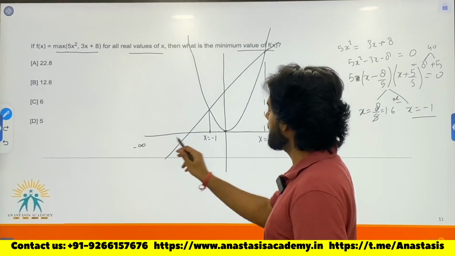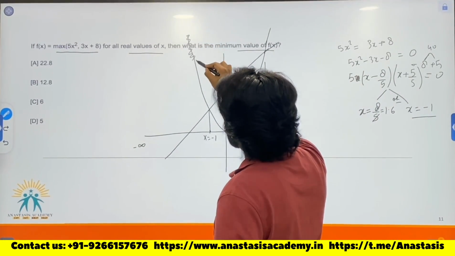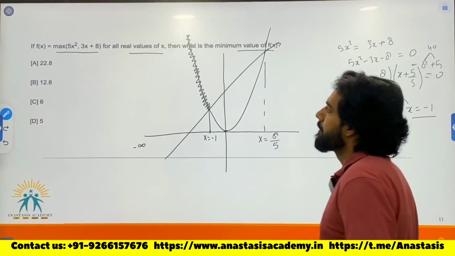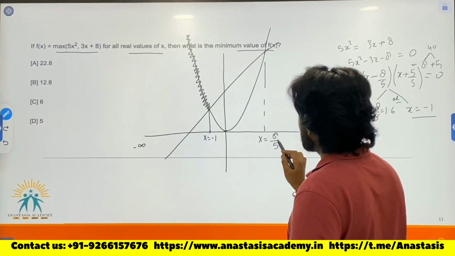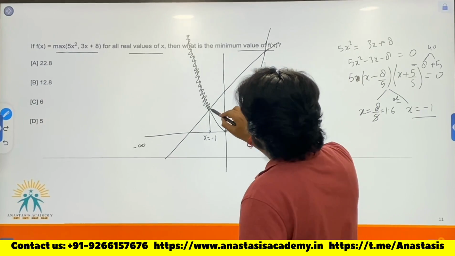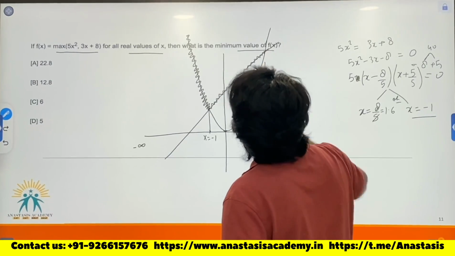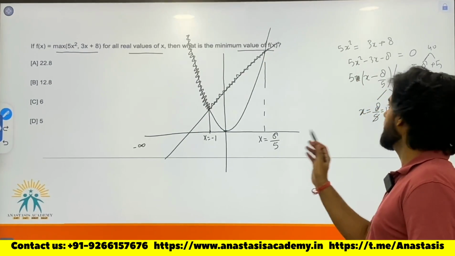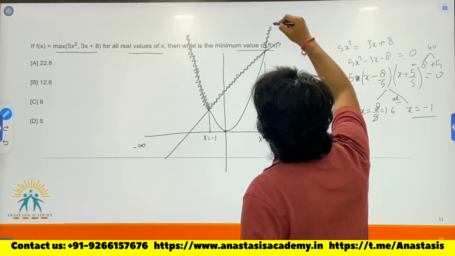From minus infinity to minus 1, 5x square is maximum. Then from minus 1 to 8 by 5, this part of the graph is maximum, and from x equal to 1.6 onwards, this part of the graph is maximum.